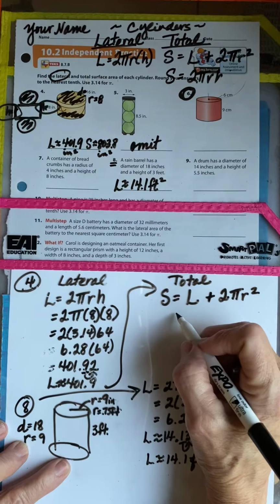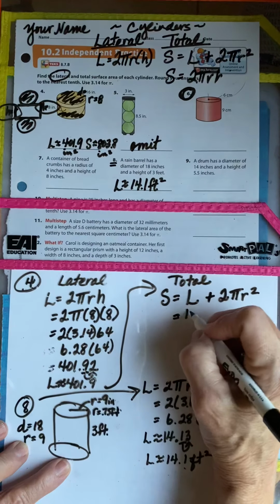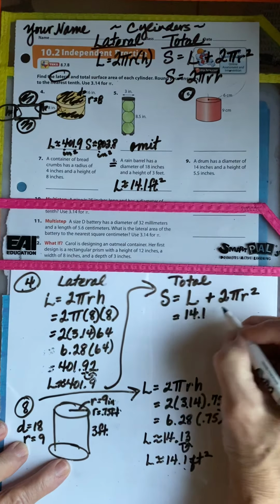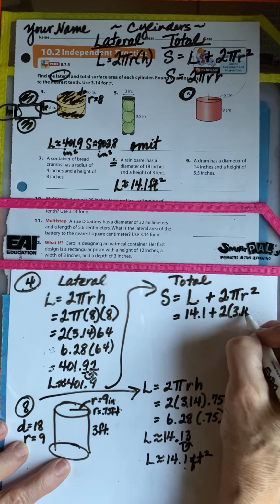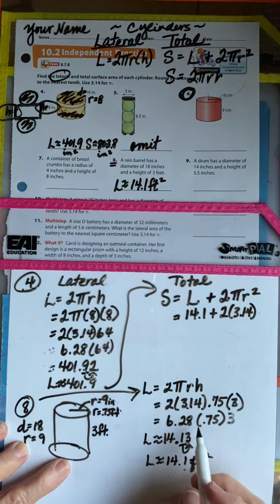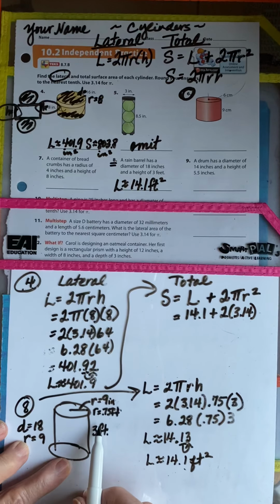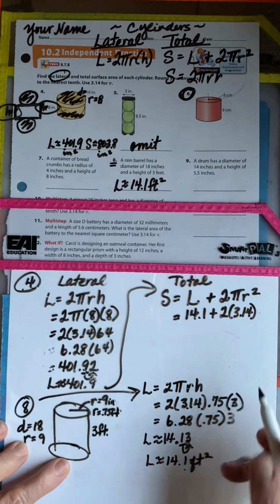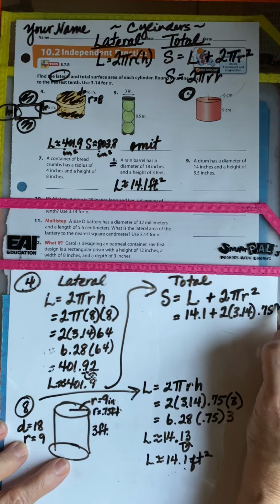Agree. Okay, so we know for L we're going to plug in 14.1 plus 2 times 3.14. We figured that our radius, back over here to our picture, was 0.75 squared.